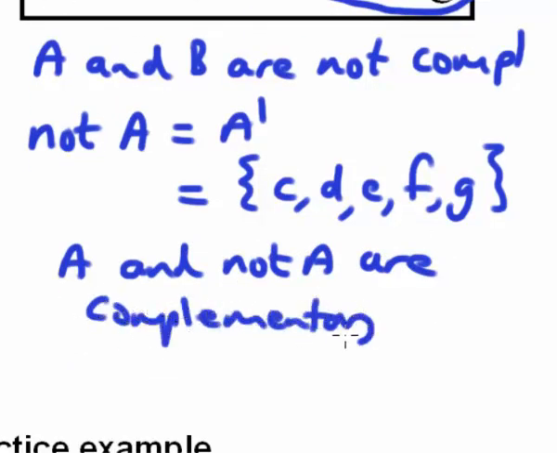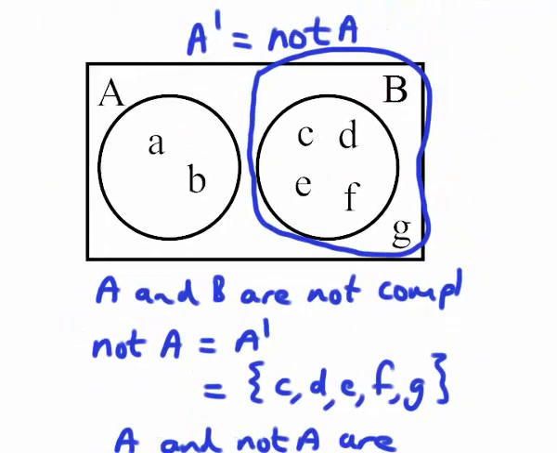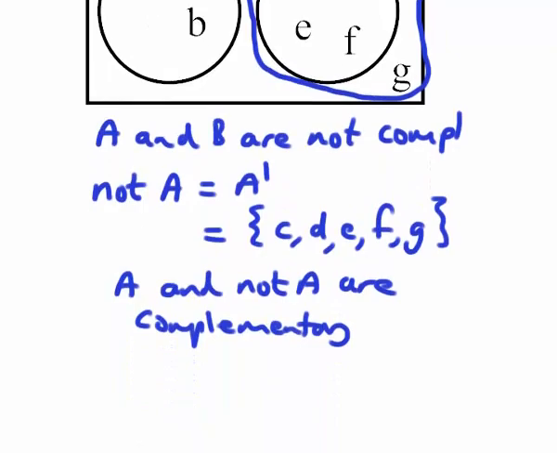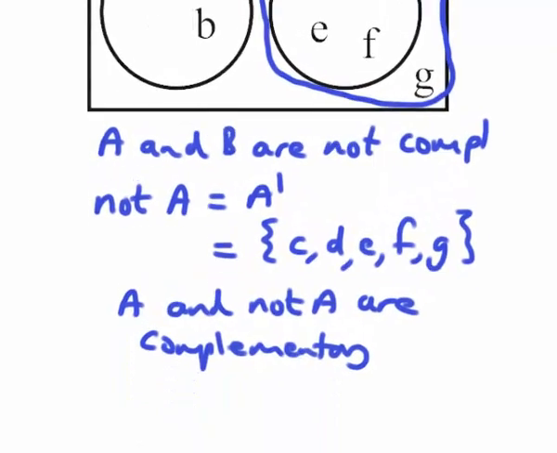Because what's not in A is in the set A complement, which is B and G. So if you circle that, you've got C, D, E, F, G. So not A is C, D, E, F, G, and it's everything that's not in A. Okay, so remember, A and B are not complementary because they're not exhaustive. G's on the outside of B, but not A is B plus the little element G. Now those are complementary. Okay, A and not A are complementary.